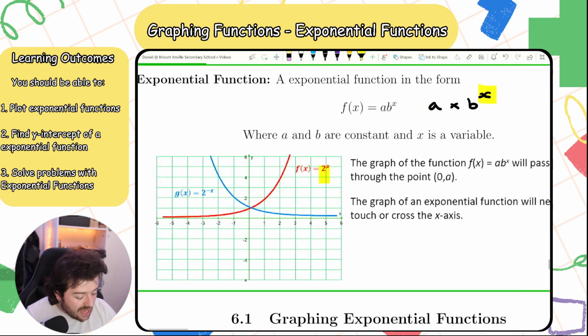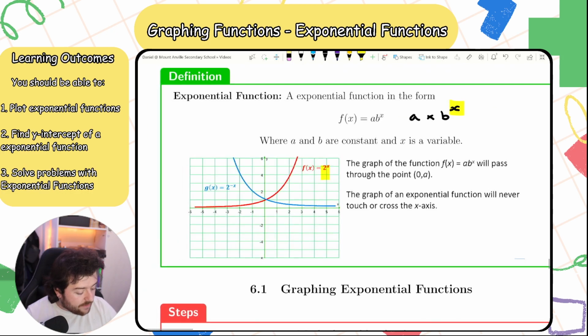And then finally, the last thing we need to know is that the graph of the function equals a b to the power of x will pass through the point (0, a). So the coefficient of my function is always going to be the y-intercept.